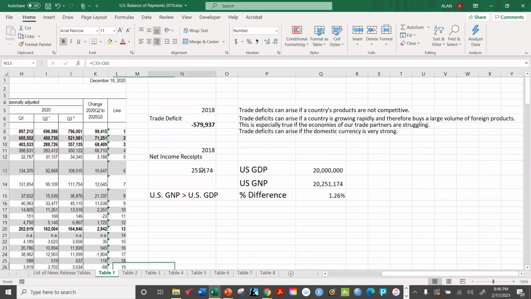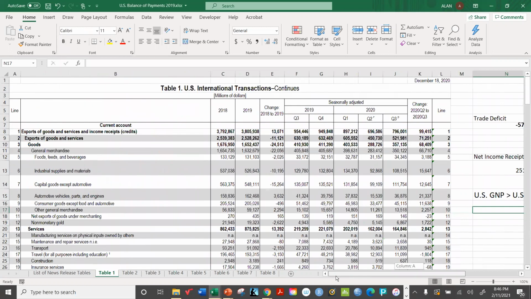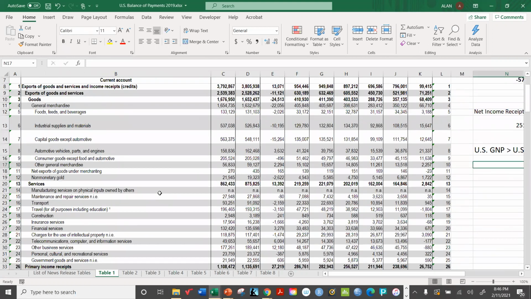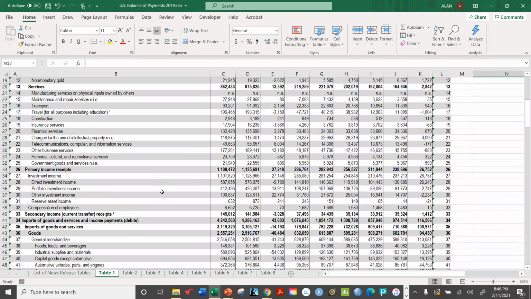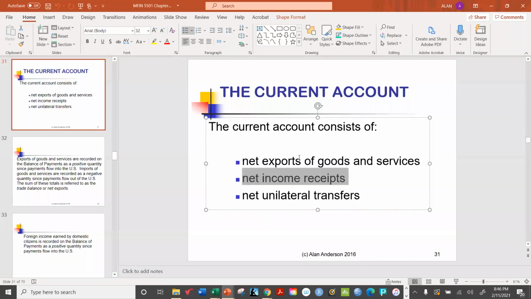And so, yes, net income receipts, trade deficit. Now, also, there's a third category here called net unilateral transfers. Those are basically gifts, like foreign aid, for example, falls into that category. And that would be, I believe, this one. It's a fairly small category. But the bottom line is that what you're essentially seeing here in the current account is the trade balance plus the net income receipts, and then some of these unilateral transfers.